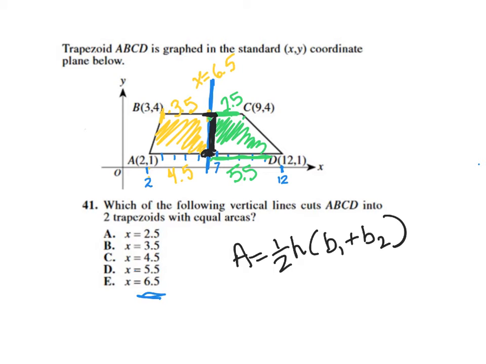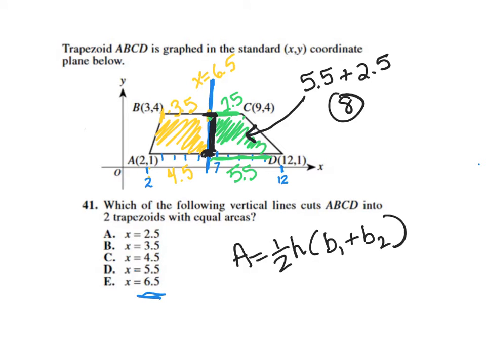So both of them are going to have a height of 3. Then if we look at the sum of the bases for this trapezoid, we have a base of 5.5 and 2.5. If I add the two bases together, the sum of the bases is 8.